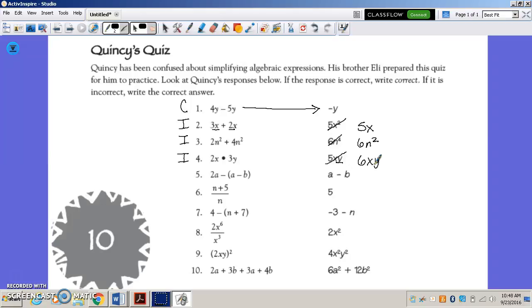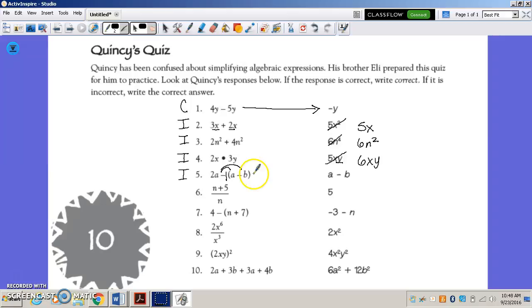Number 5 is also slightly incorrect. We've got a lot of incorrect statements here, but that's good because that means we are correcting some things here. So it might help, and I know it helps me, to think about this as a negative 1. Now I'm going to apply the distributive property to multiply this through.